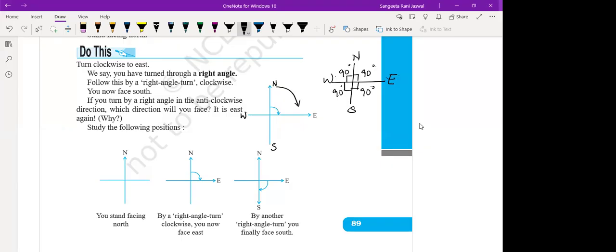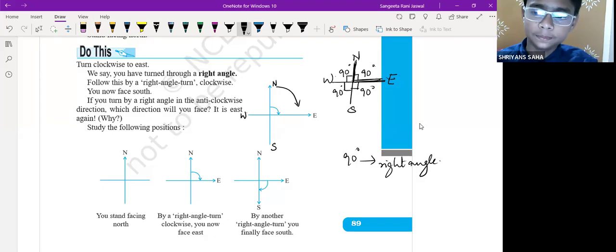So that means this part, we call it 1/4, right? And 1/4 is 90 degrees here. We call 90 degrees a right angle, okay, children? And then we have two 90-degree angles.